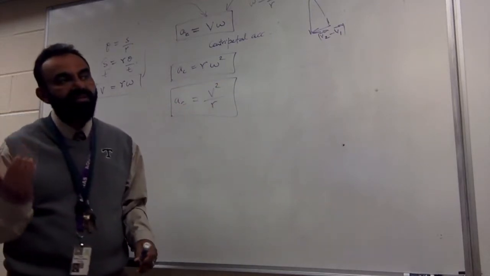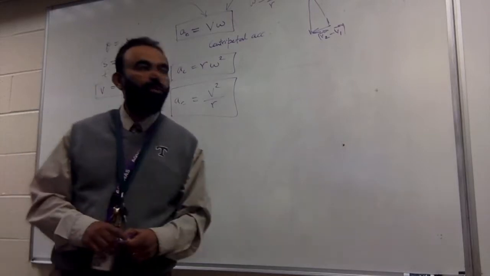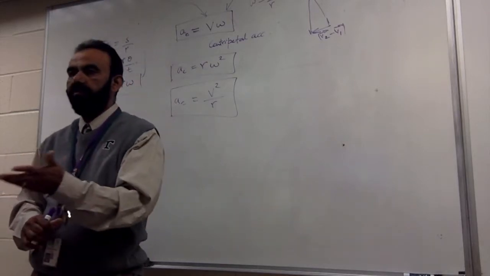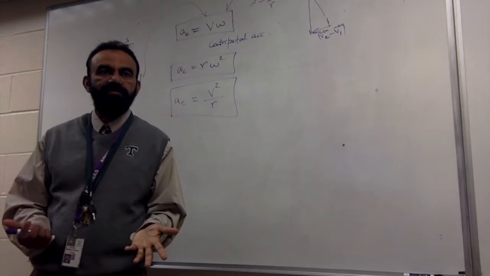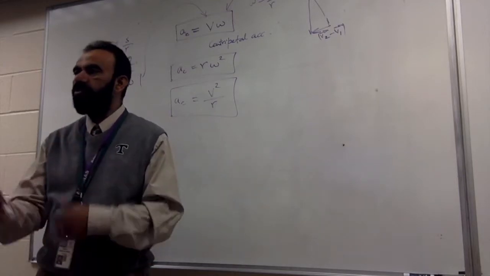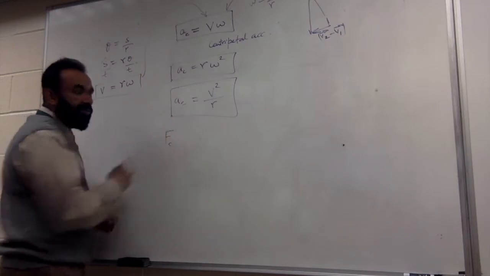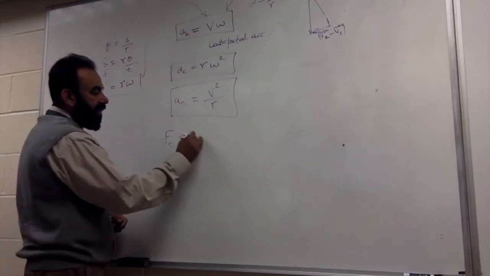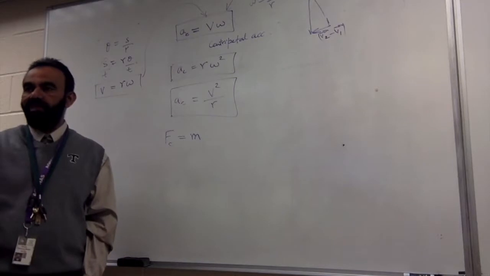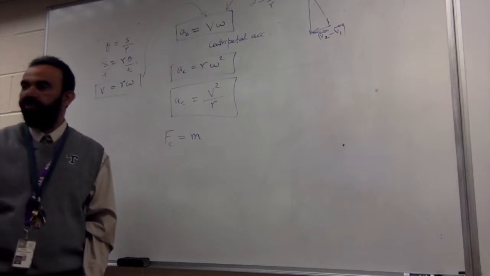And what causes an acceleration? What will cause an acceleration? Yeah. A force. So you need a force to create an acceleration, and that force is called centripetal force. So centripetal force is m times the acceleration, mass times acceleration, Newton's second law, right?